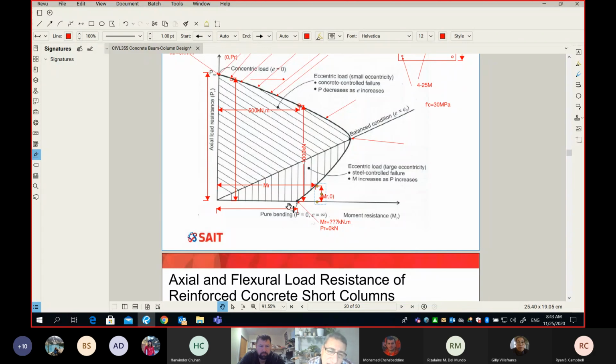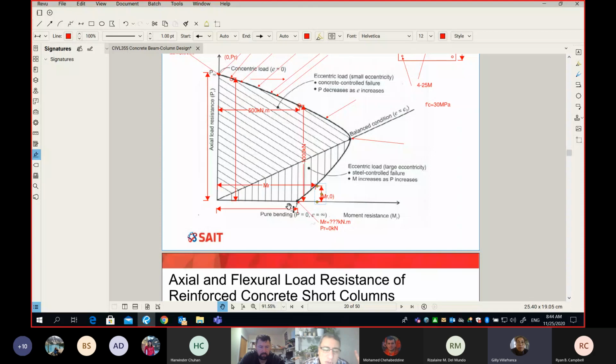However, I'm applying a compression force. Am I helping the rebar or worsening it? What do you think? The rebar was yielding in tension, and I apply a compression to the entire section. Am I helping the rebar? Yes, you are helping the rebar.